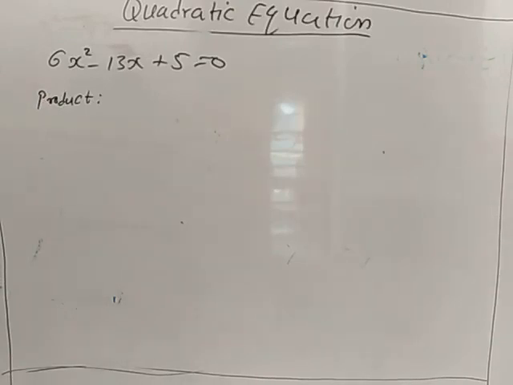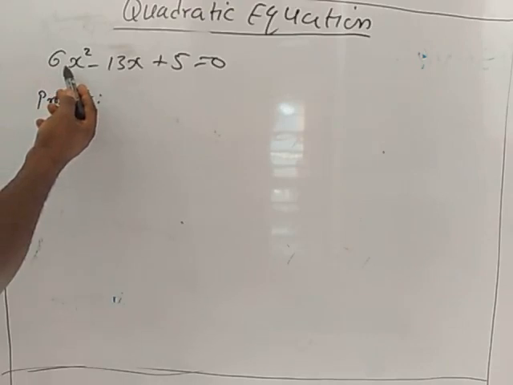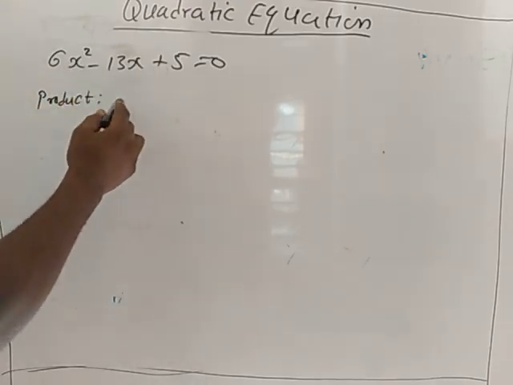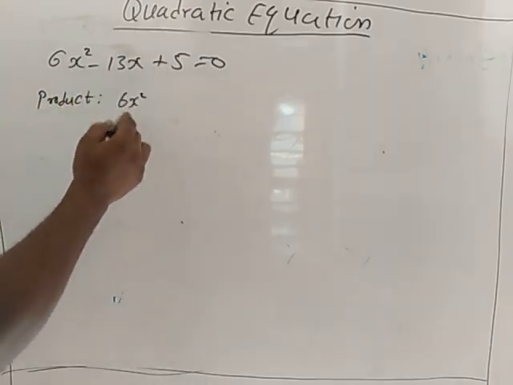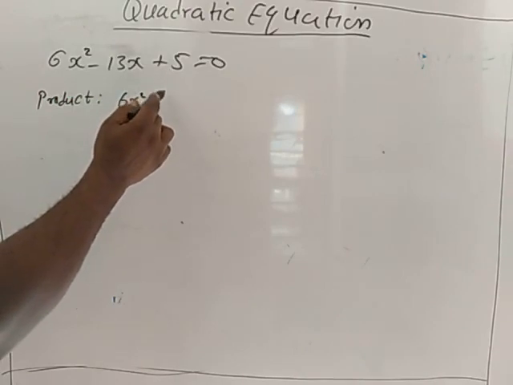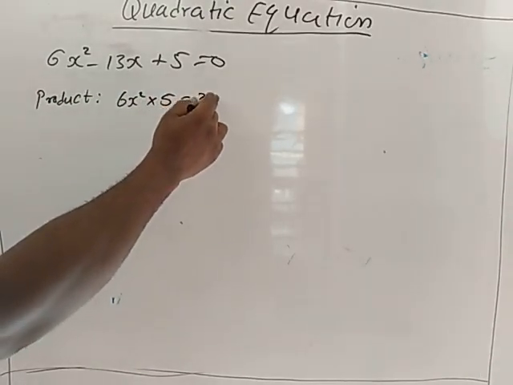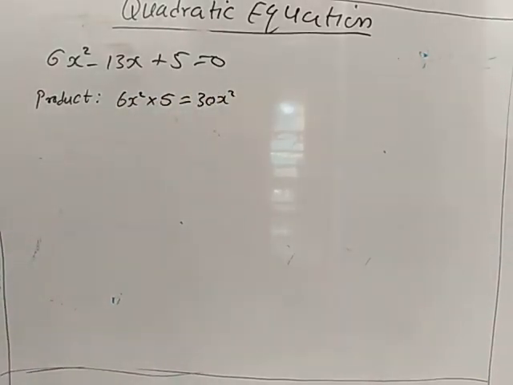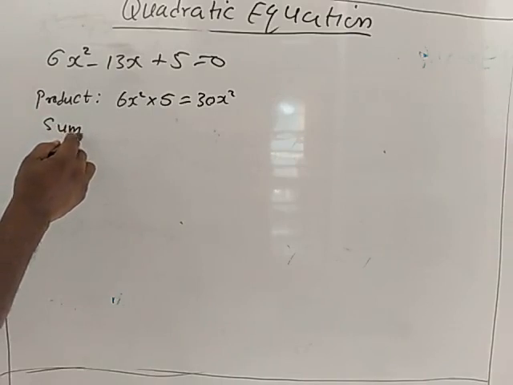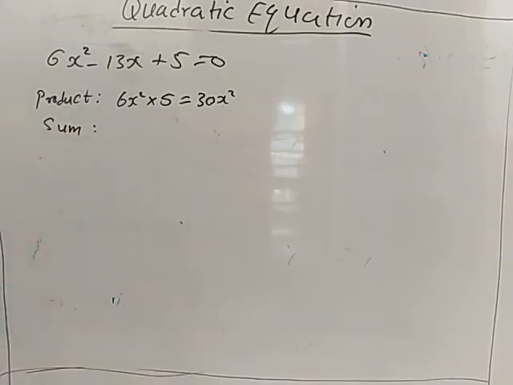To get our product, we multiply the first term with the last term, which is 6x squared times 5. And this one will give us 30x squared. The next thing is to find our sum. And what is our sum?